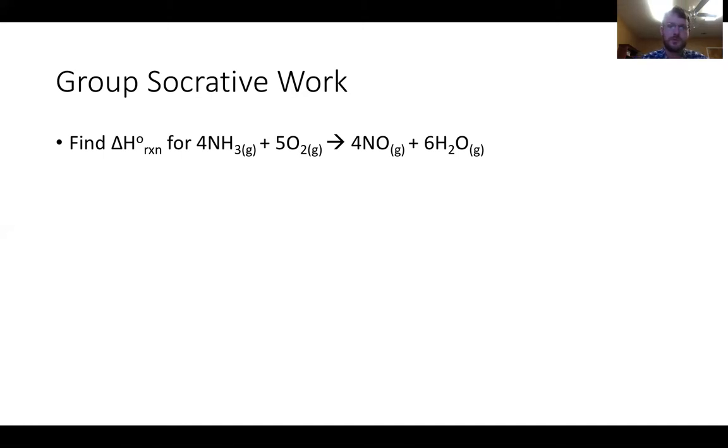So what we would do is 4 times whatever the delta H naught of F of NO is, plus 6 times whatever the delta H naught of F of H2O is. We'll add those two together, and we'll subtract from it the same thing for the other side. We'll subtract those two, get an answer, and that's the delta H naught of this reaction. Hopefully we went through this pretty quickly.